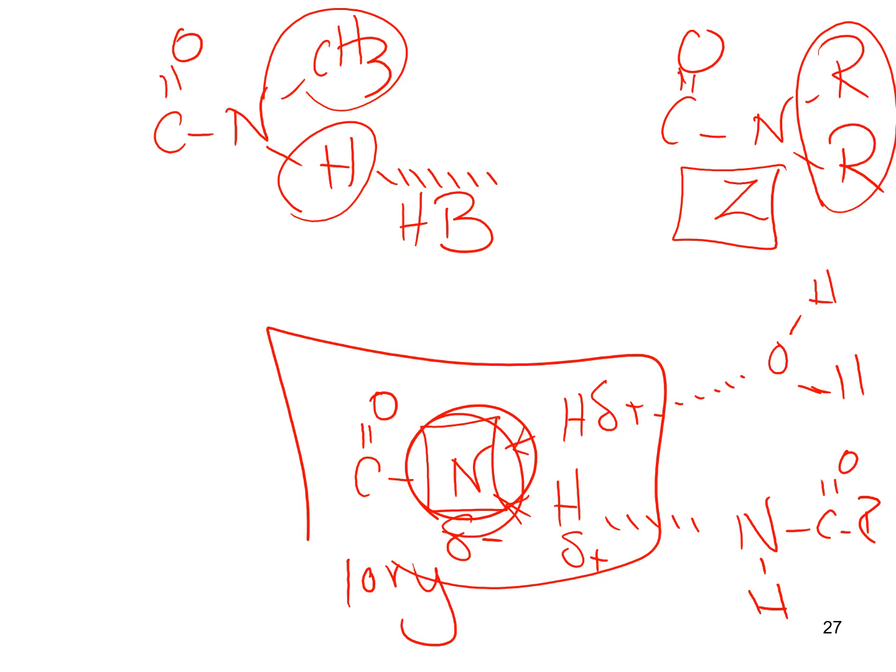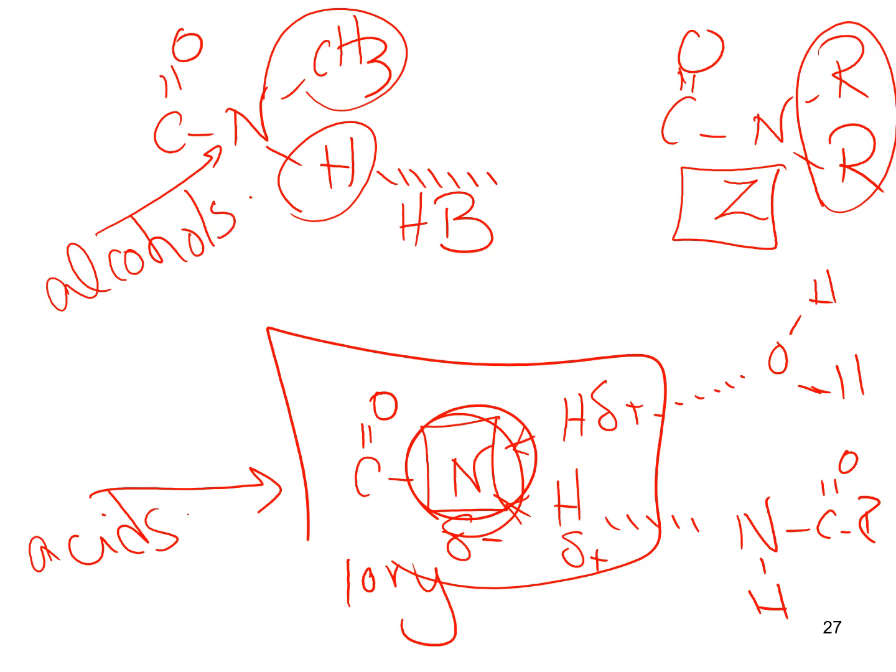Okay, so primary amides are comparable to acids in their physical characters. Secondary amides are comparable to alcohols in their physical characters, and tertiary amides and all the other acid derivatives are comparable to aldehydes and ketones in their physical characters.